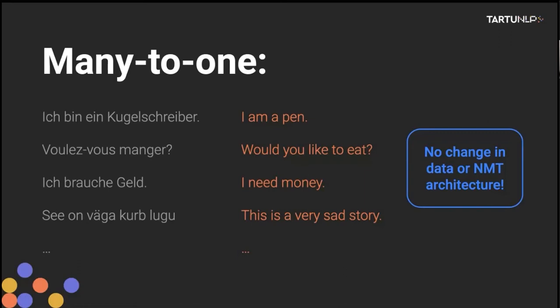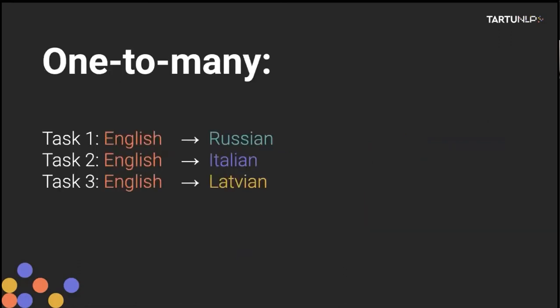Can we now try one-to-many? Here we will have English input always, and the output should be either in Russian or Italian or Latvian.